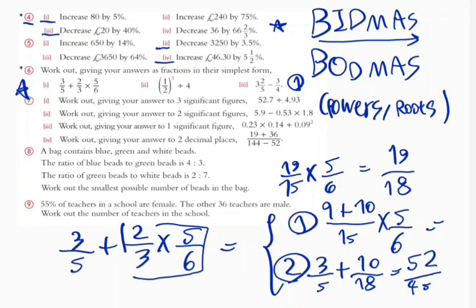Here we have a multiplication and addition, and multiplication is the one we do first. For example, for this question, first we work out a half cubed. That's because the power comes before the division, so we do the power first and then the division, and so on.